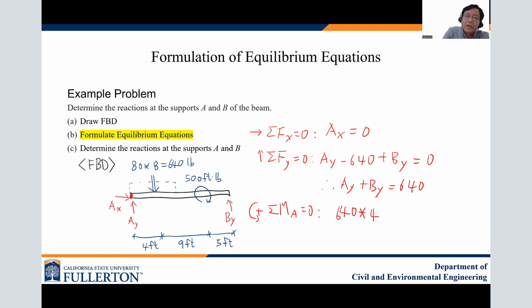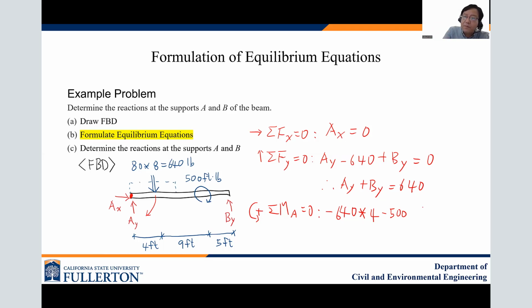That's correct. And then this one about A is a clockwise moment, so there's a minus. And then the 500 foot-pound is a moment itself. So it's clockwise, so minus 500. And then you don't need to multiply by a distance because it is a moment itself.